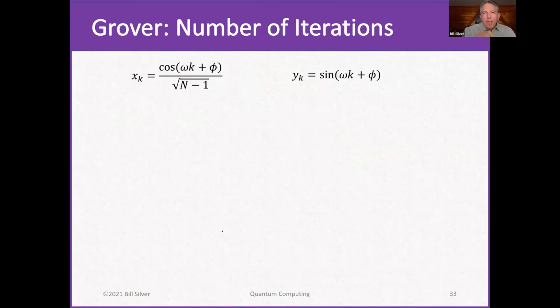Okay, let's do this. Let's now figure out what that phase term is. So the way to figure out the phase is to note that at iteration 0, we started off with an equal superposition of all the states. So x0 has to equal y0, because that's where we started.